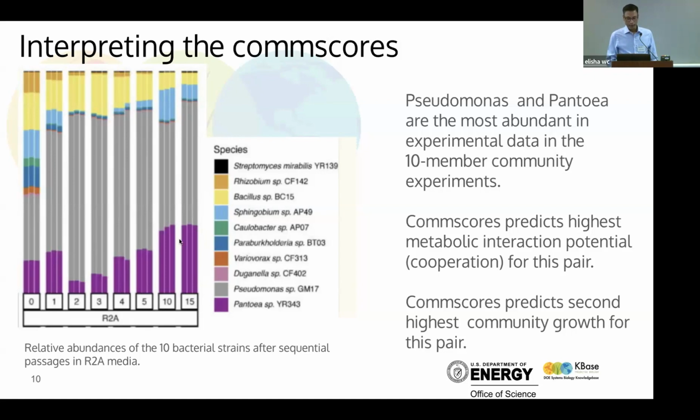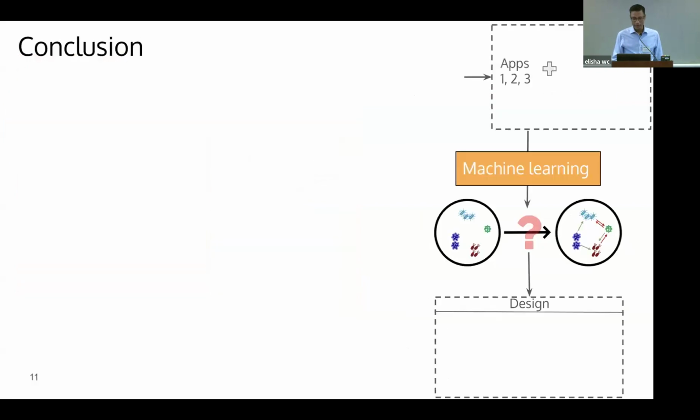So this is Pantoea, this is Pseudomonas. And so we're looking at what we see in the scores for these two most abundant. CommScores predicts the highest metabolic interaction potential and second highest community growth for this pair.